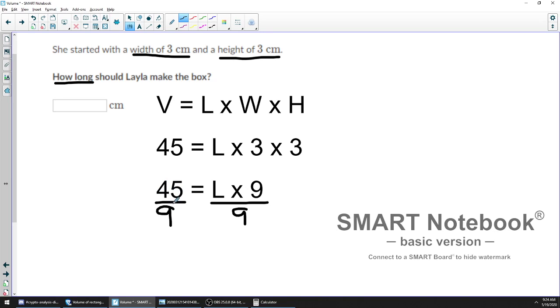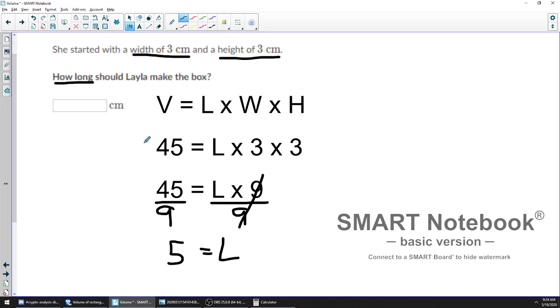So now we have 45 divided by 9. Length times 9 divided by 9. These cancel out. Because we're doing the opposite, it cancels out. 45 divided by 9 equals 5. So 5 is our length. So how long should Layla make the box? 5 centimeters.